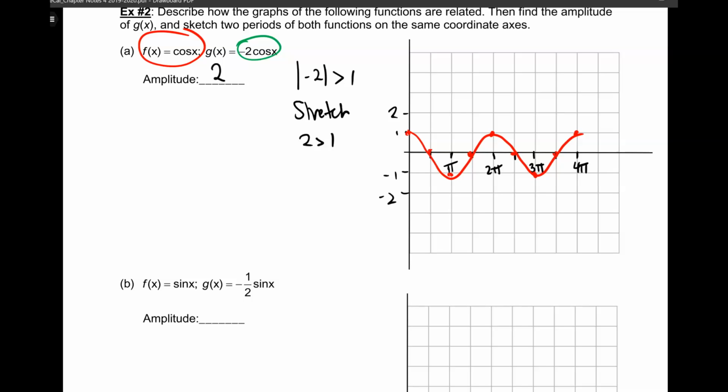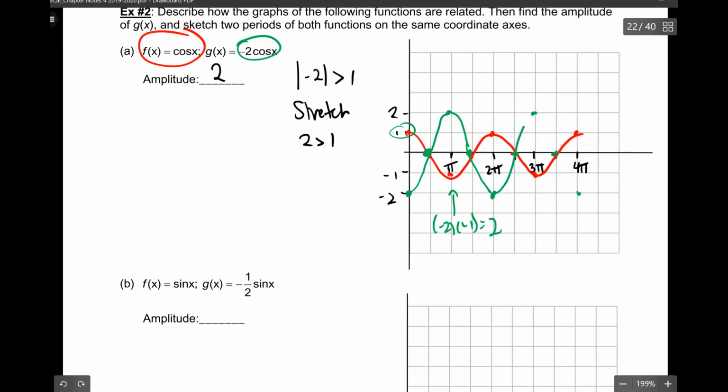So more or less, I'm multiplying every single y value by negative 2. First I take 1 times negative 2, which is negative 2. And then 0 times anything is 0. Negative 1 times negative 2 is going to be positive 2. Then 0, go down to a min, negative 2. Min, 0, max, 0, min, back to 0, up to a max, 0, and min. Perfect.